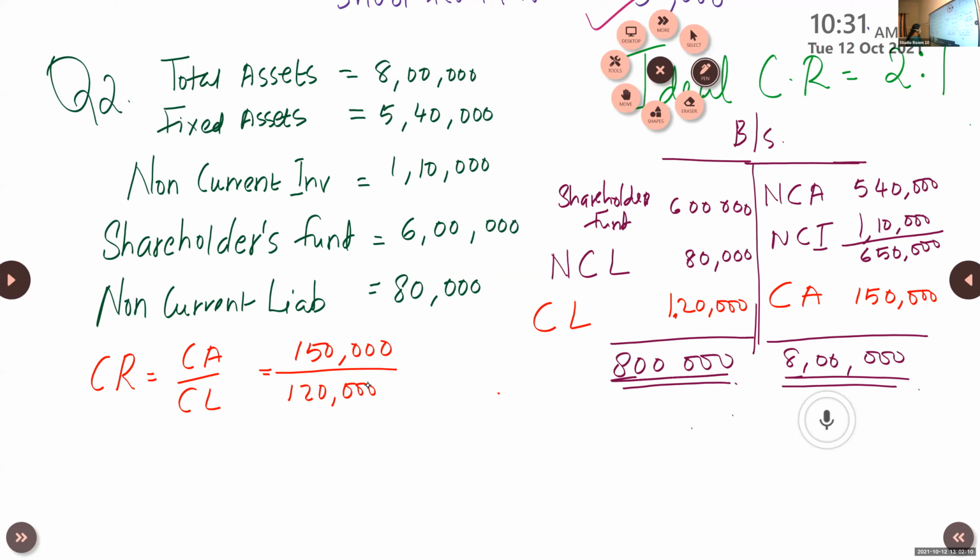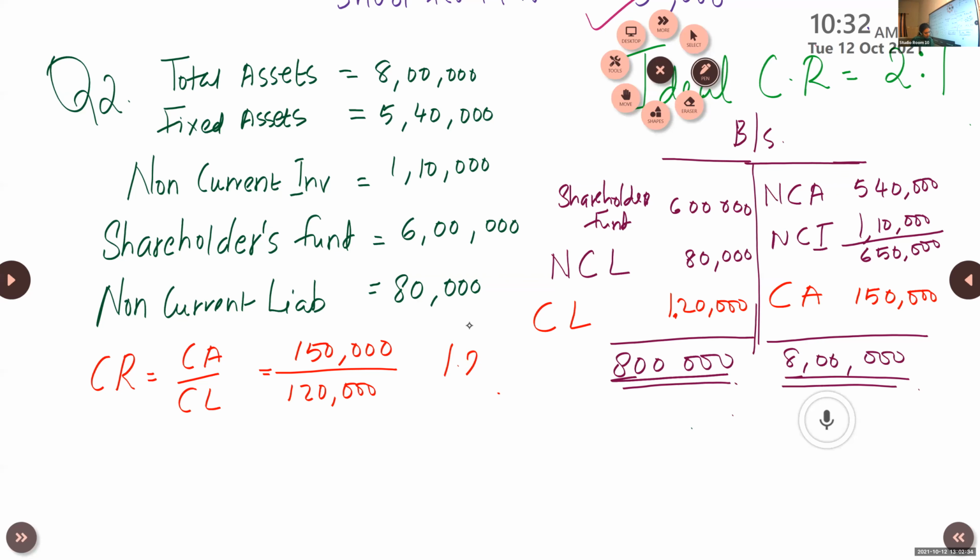Yes, Aparna, how much is it? You got it? 1.25. Yes. 1.25 is to 1. So, how do you conclude it? What is your interpretation about this? What is the ideal ratio? Ideal ratio is 2:1.